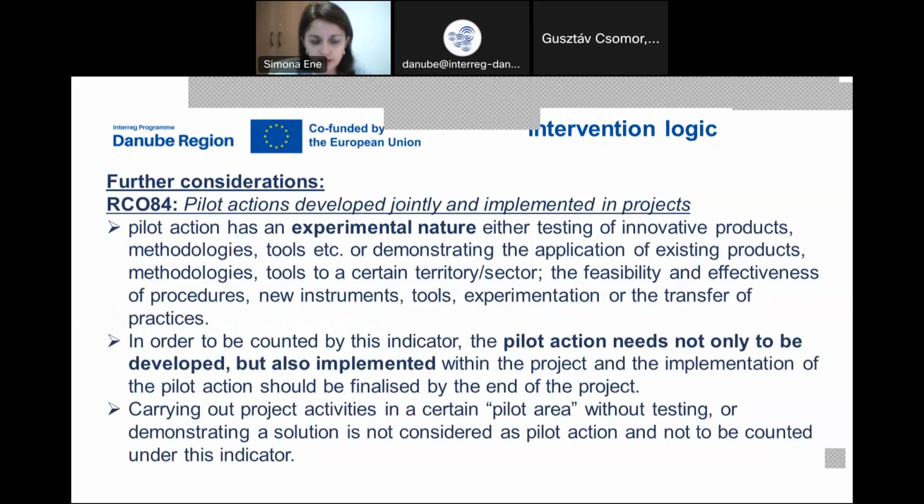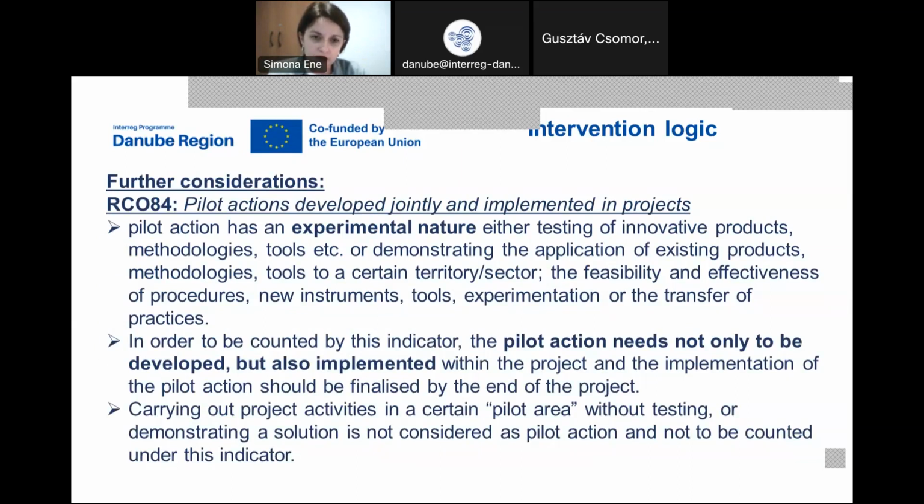Some further consideration in relation to pilot actions. A pilot action actually has an experimental nature, and it's testing, as I said before, innovative products, methodologies, tools, or demonstrates the practical applicability of different tools and solutions that are potentially developed by the project.